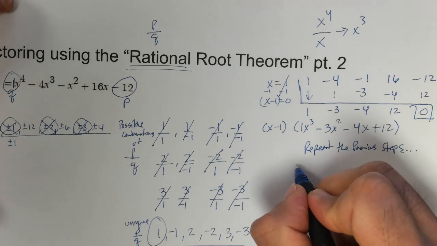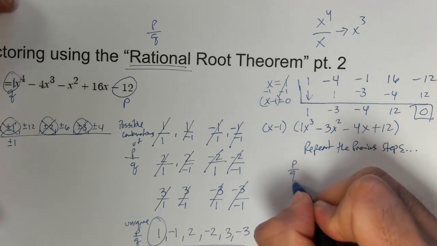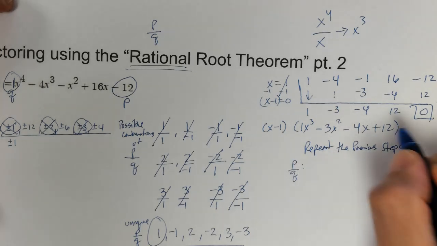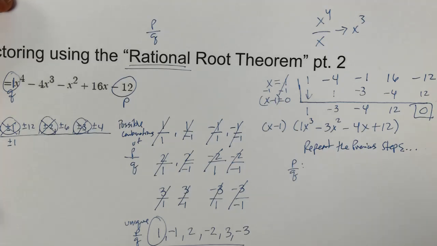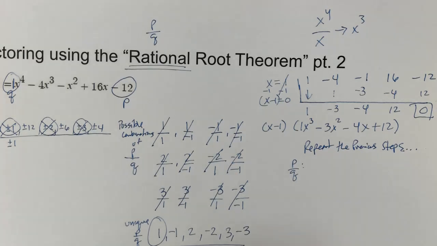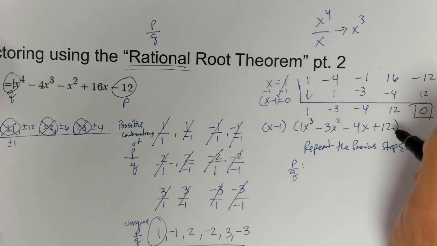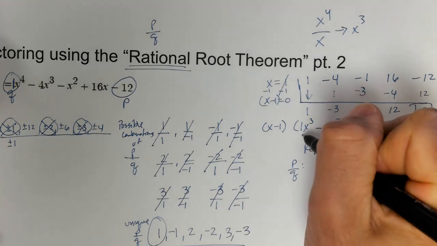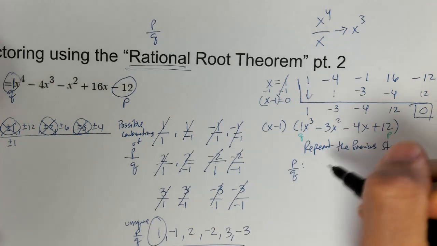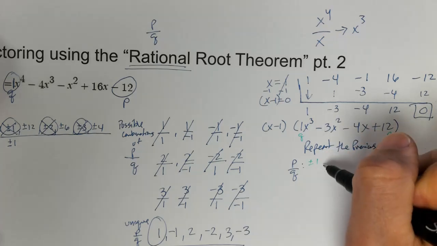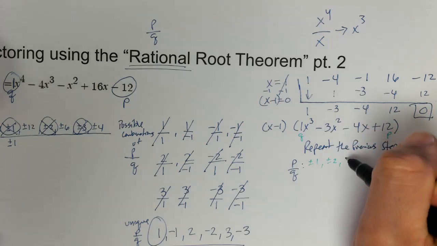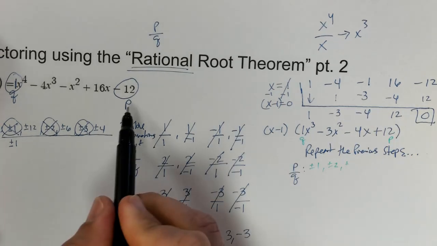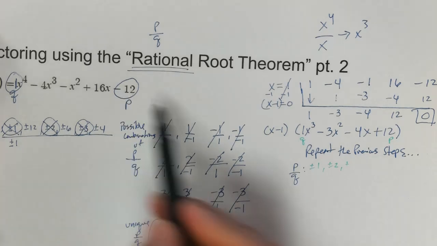We could look at the possible P and Qs that result in this process. P here, Q here. I would find plus or minus 1, plus or minus 2, plus or minus 3, plus or minus 4, plus or minus 6, plus or minus 12, since we're dealing with the same number, the 12, right?